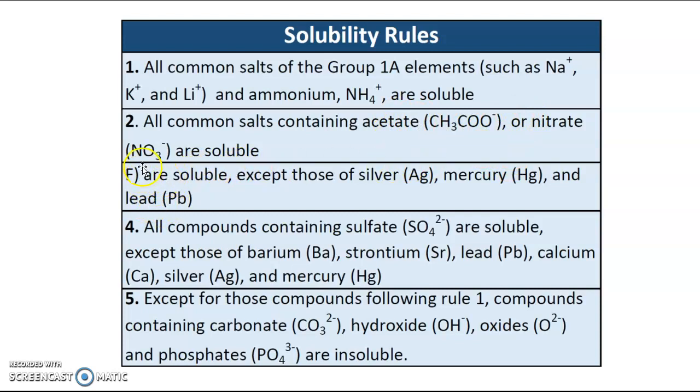All the halogens like fluorine, chlorine, bromine, etc. are soluble except for those of silver, mercury, and lead that are non-soluble. All the compounds containing sulfate are soluble except for barium, strontium, lead, calcium, silver, and mercury.